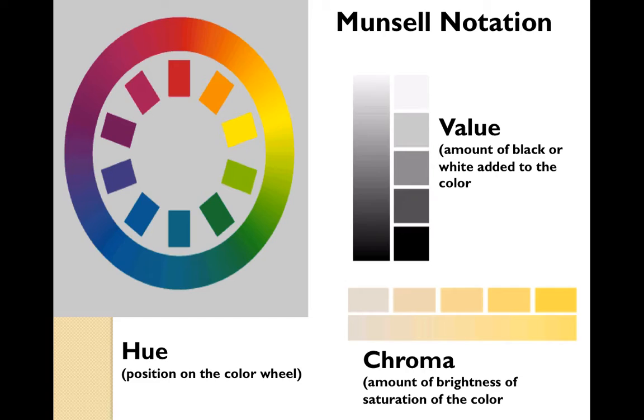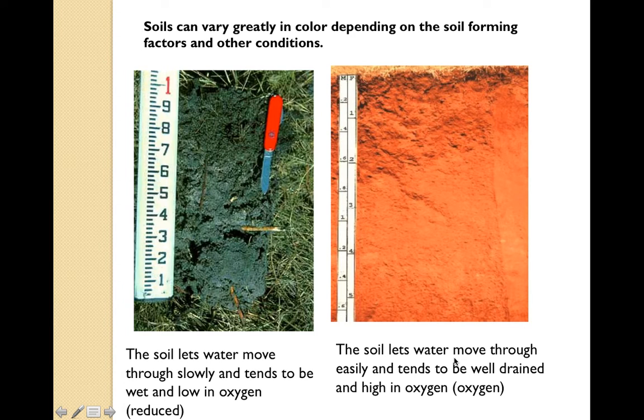Some of our colors are described using the Munsell notation. You have your hue, your value, and your chroma. The hue is where it is on the color wheel. Your value is how light, faint to dark it is. And then chroma is the brightness of it.